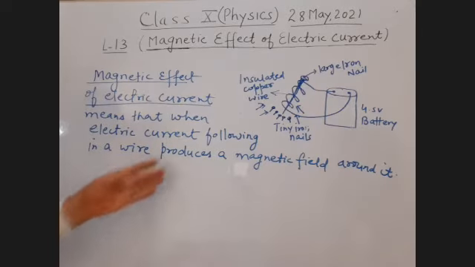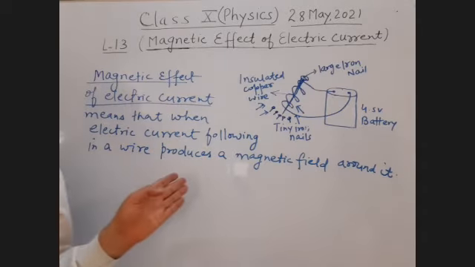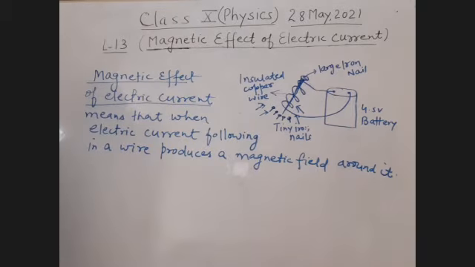Please first note down this definition, then afterward I'll explain what a magnet is and what a magnetic field is. Hence, students, we can say that electric current can produce magnetism.